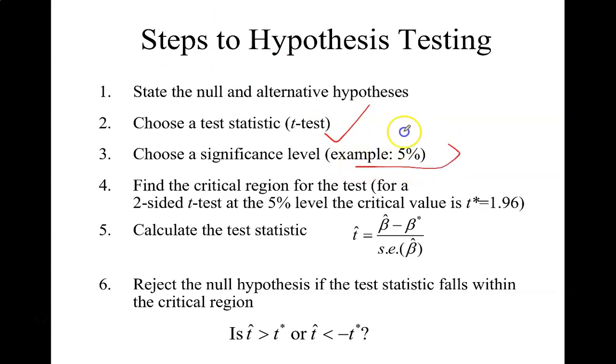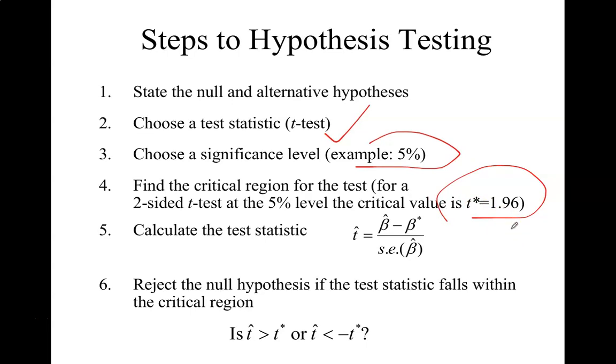In this case, we have a 5% significance level. Then you choose the critical region, whether you use 5%, 10%, or 1%. If you have a two-sided t-test, then the critical value of t is about 1.96. Very straightforward.